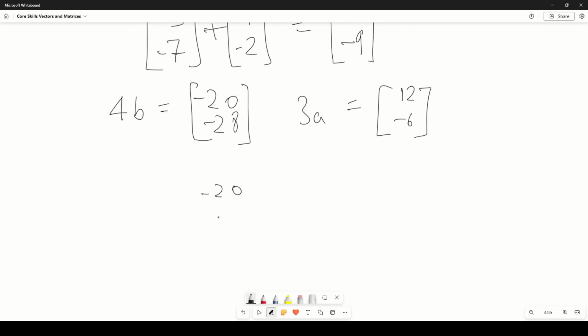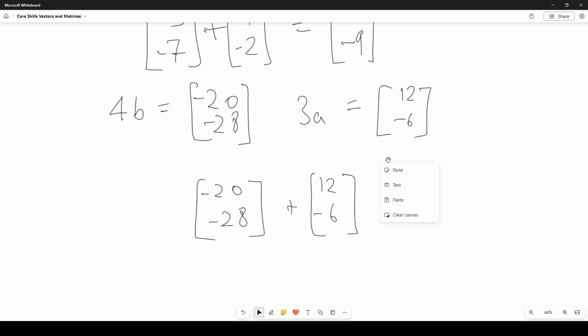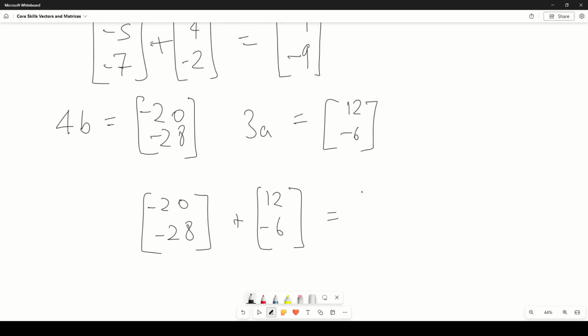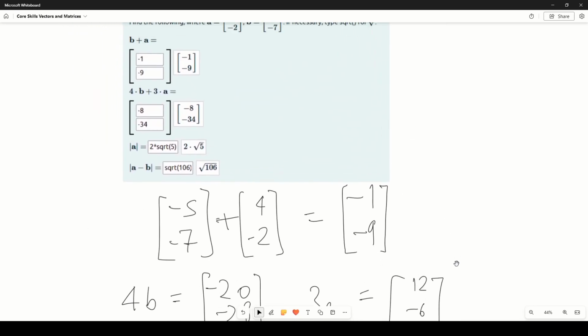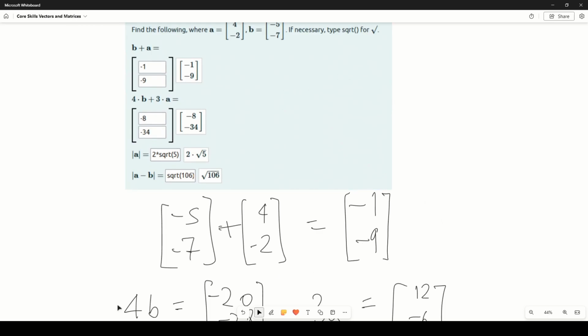So minus 20 and minus 28 plus 12 and minus 6 gives us minus 8 and minus 34. And that is indeed the right answer.